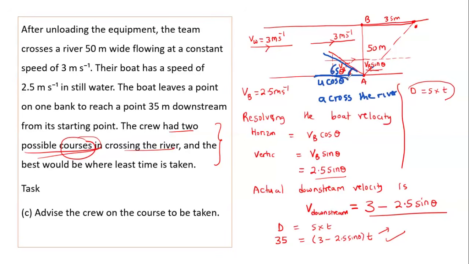Now this velocity here, because when your boat is traveling across the river, what does it mean? It means that this is the velocity it's going to be possessing. As it is traveling, it is going with the water. So that's why we are using it. Then the 2.5 sine theta is the component upstream. Okay.